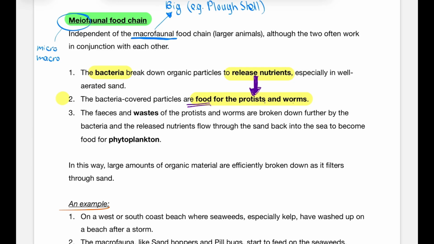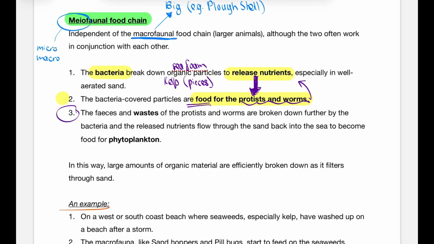All right, back here, number 1, the bacteria break down organic particles. Remember that they could be breaking down kelp, or tiny pieces of kelp, or you can think of the sea foam even. Very small things. All right, and then these protists and worms, they then go eat those nutrients.